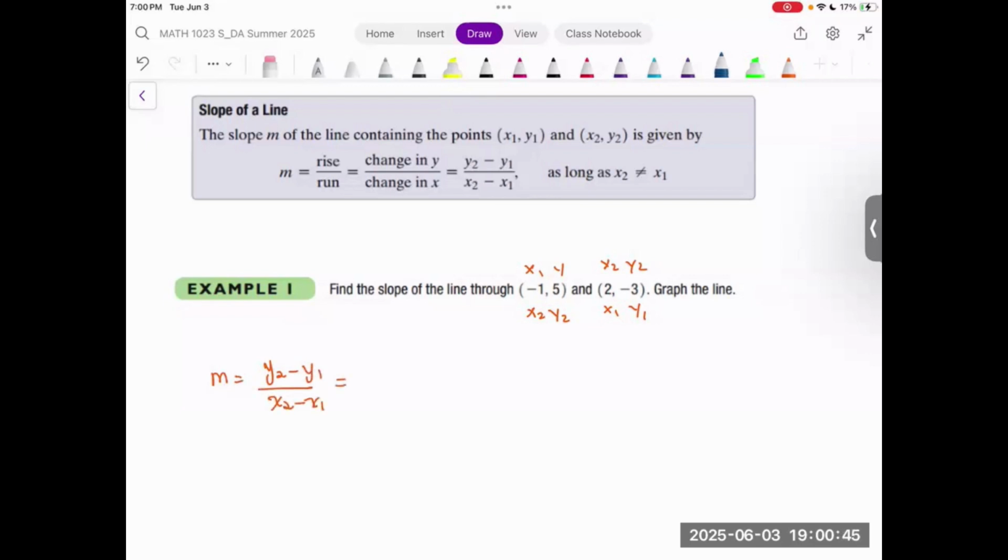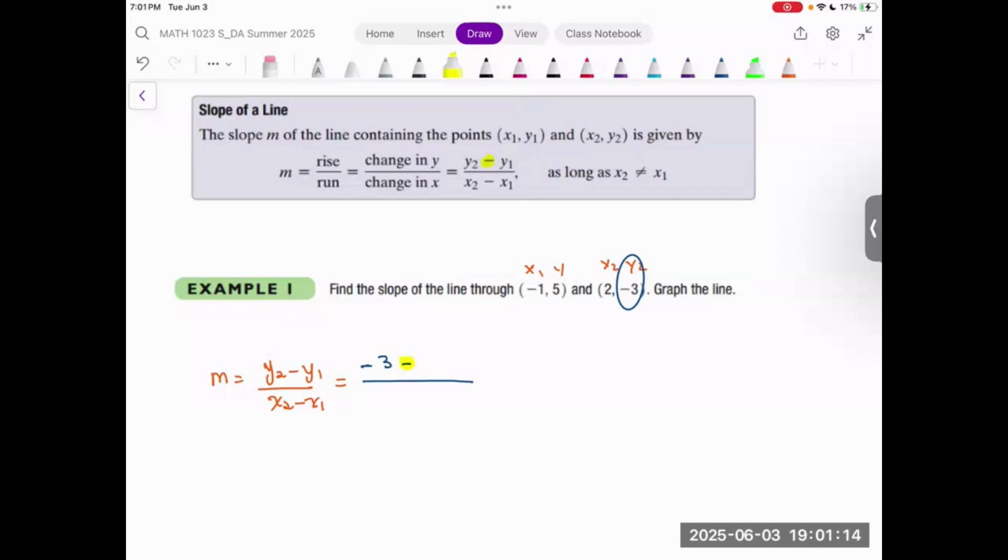So if I want to plug it in, I'm going to follow the first setup. It's going to be minus 3. That's y2, right? Minus 3 here. Minus, this minus sign, let me highlight it, belongs to the formula. So this is what I have here, right? So it's already there.